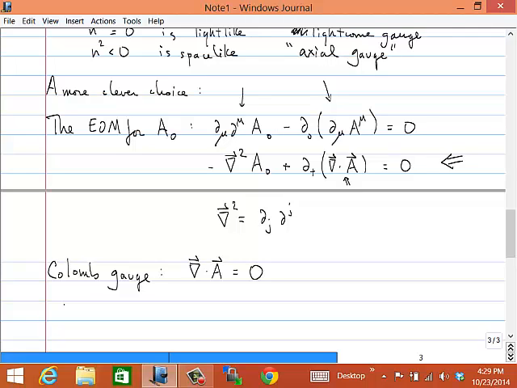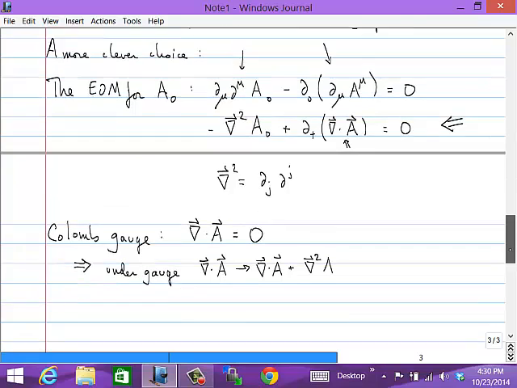So in particular, just to convince yourself that you can always do that, under a gauge transformation, del dot A will go to del dot A. So remember, A goes to A plus the derivative of lambda. So the spatial part of A goes to A plus the gradient of lambda. So del dot A goes to del dot A plus the Laplacian of lambda.